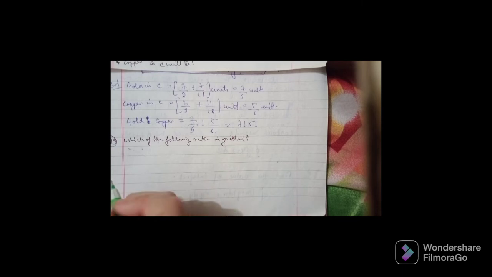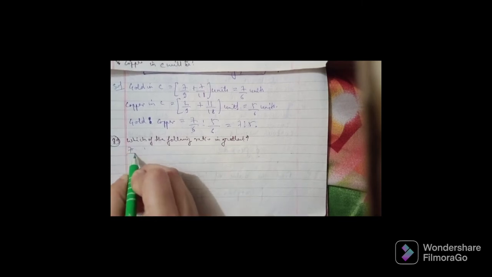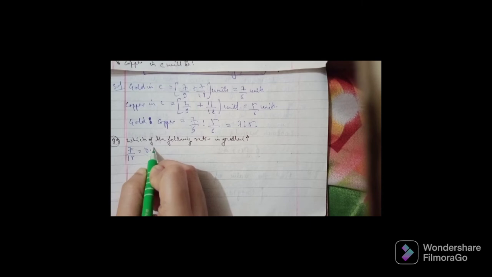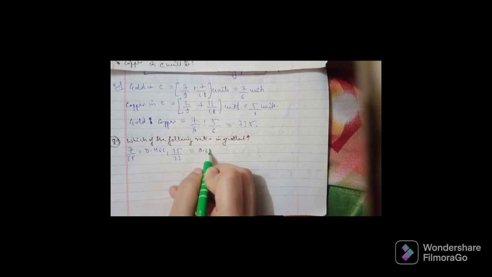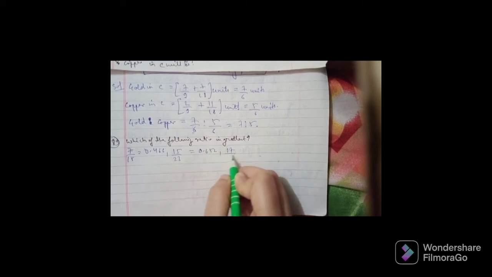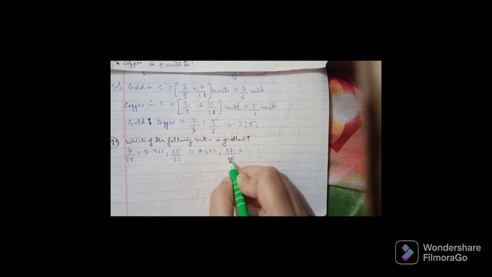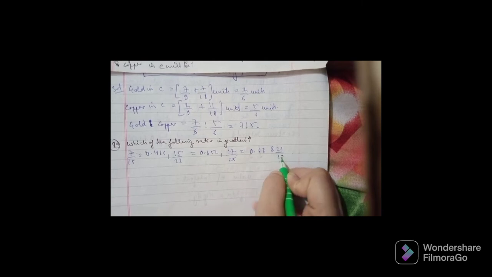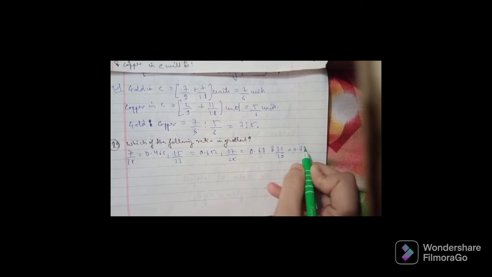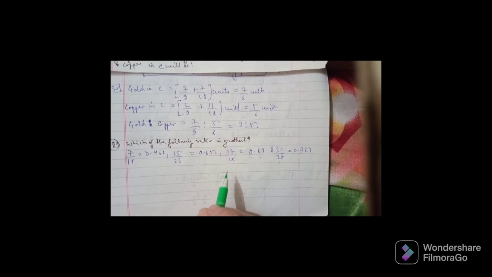So 7:15 is 0.466. 15:23 will be 0.652. 17:25 will be 0.68, and 21:29 will be 0.724. So clearly you can see here 0.724 is the greatest, and therefore 21:29 is the greatest.